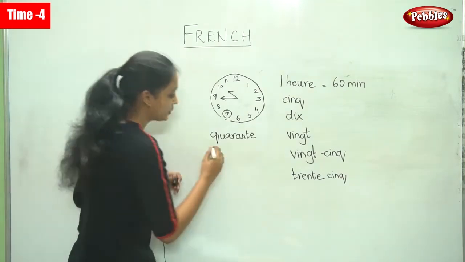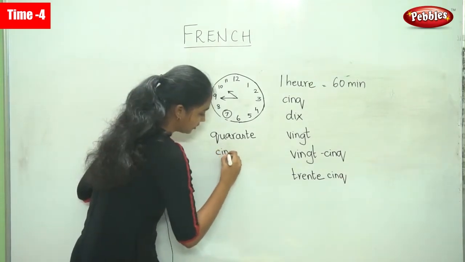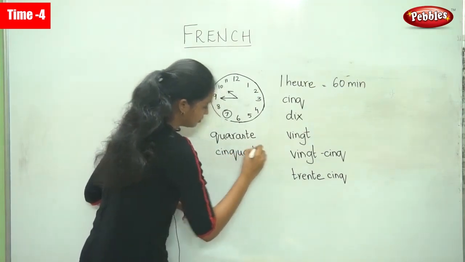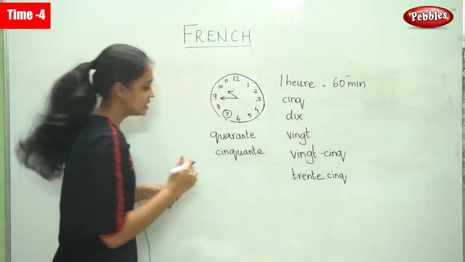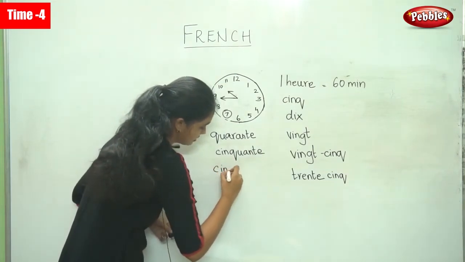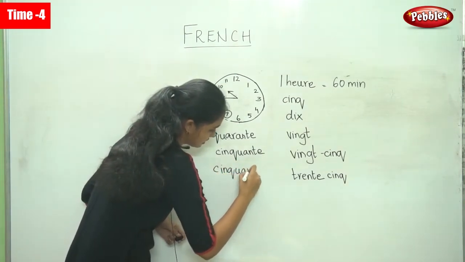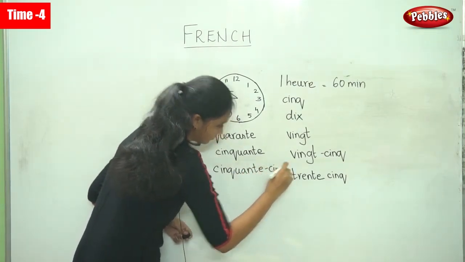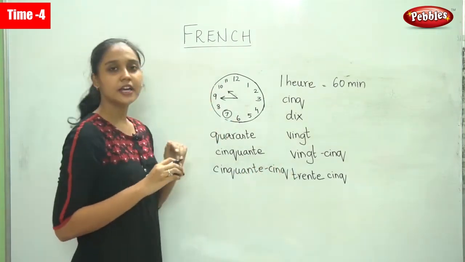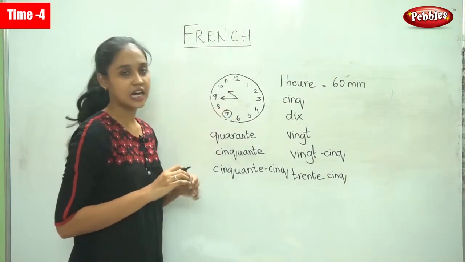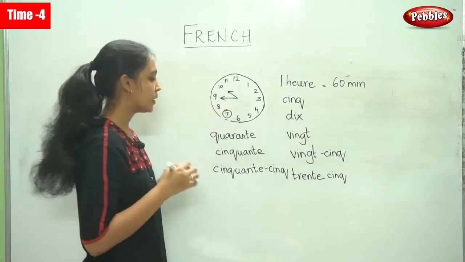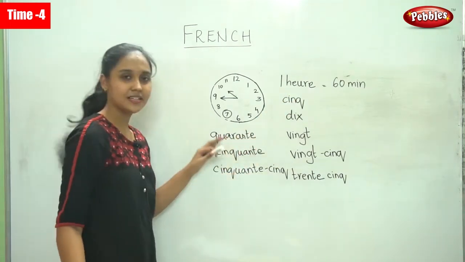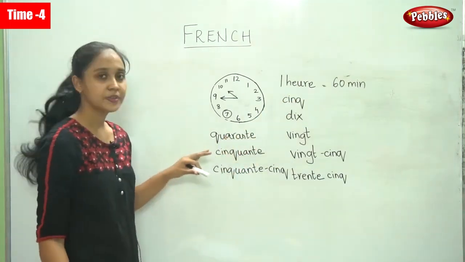Next, 10 would be 50 and 11 would be 55. When it comes to 12, it becomes the next hour, so you do not have to worry about that. These are the numbers we are going to use.